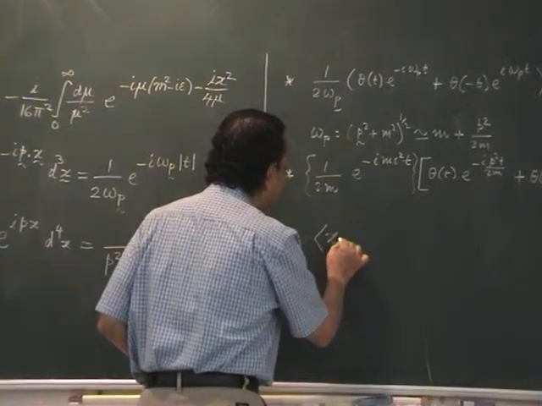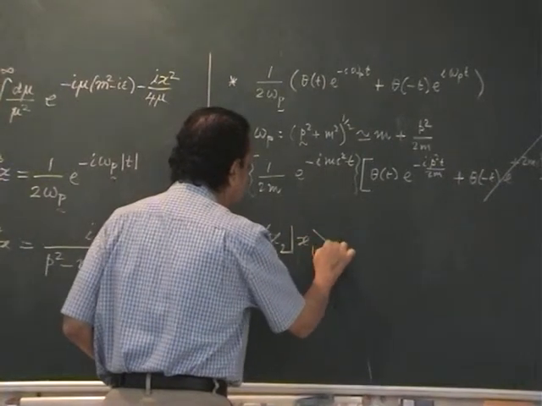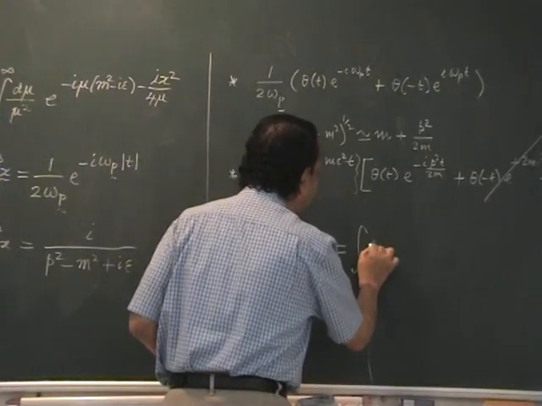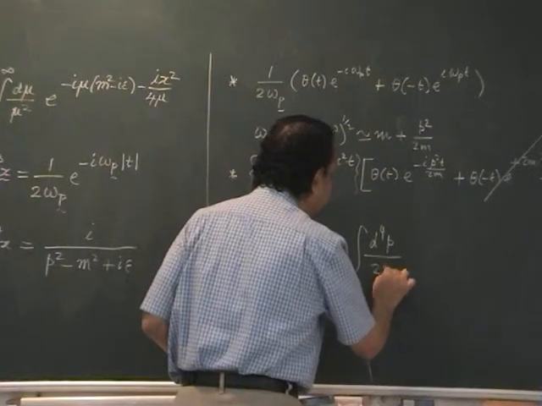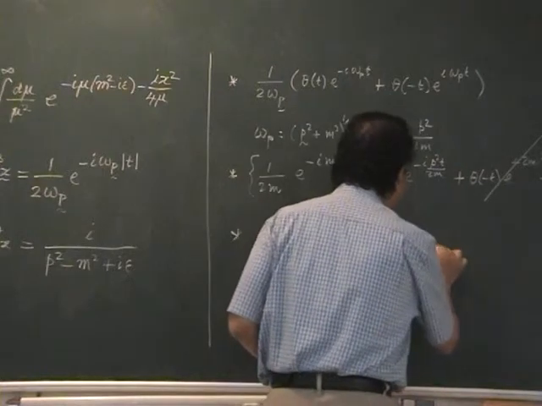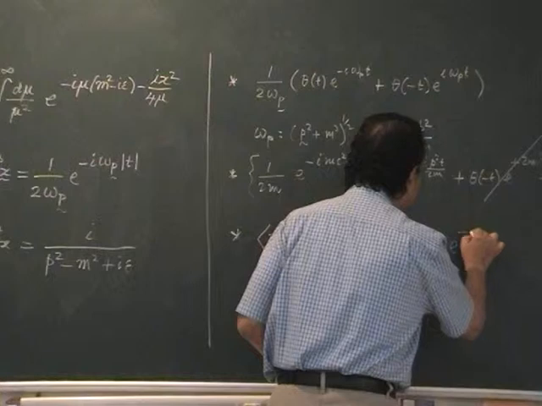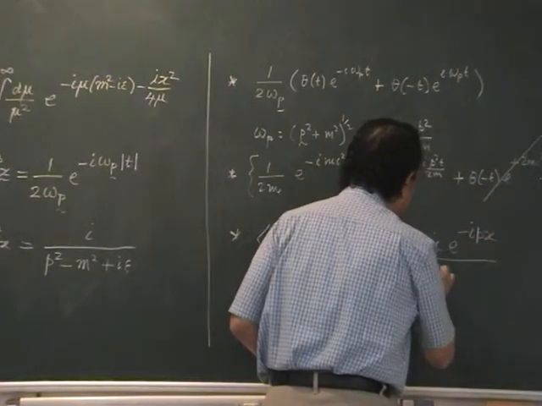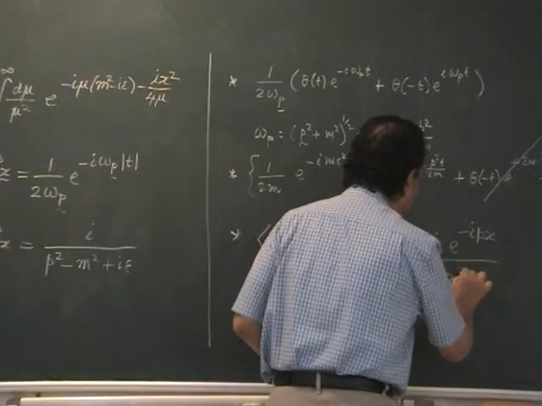x2 minus x1 equals the integral d4p upon 2 pi to the power 4, e to the minus ipx, divided by p square minus m square plus i epsilon.